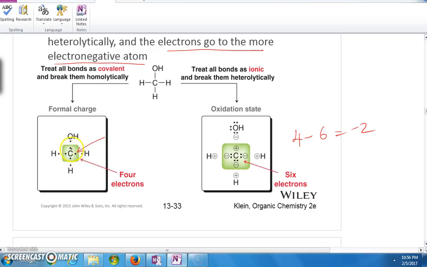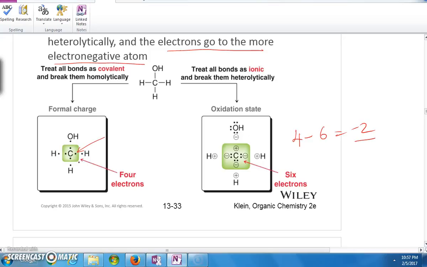And all the electrons between the carbon and the oxygen go to the oxygen. So we have 4 electrons for carbon, minus the total number of electrons, which is 6. That gives an oxidation number of -2. But don't forget, the formal charge here is simply 0, because it has 4 electrons.